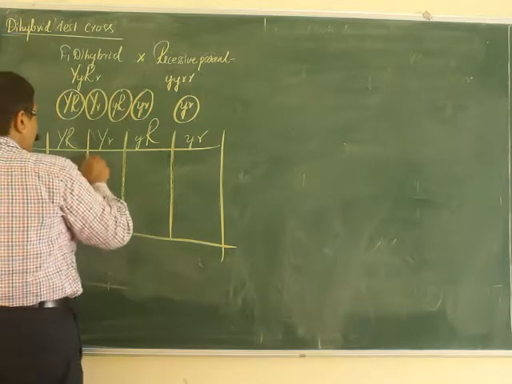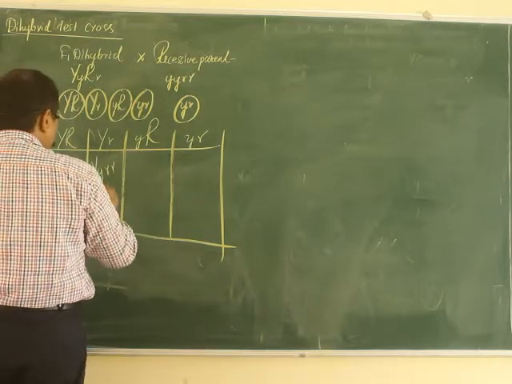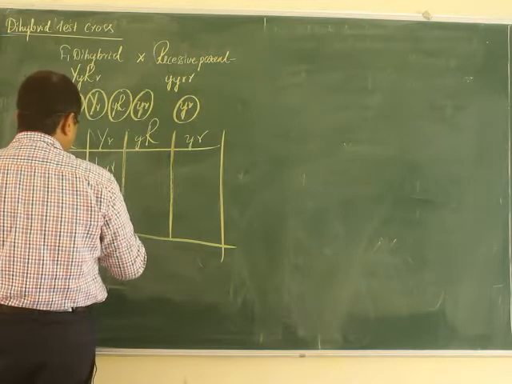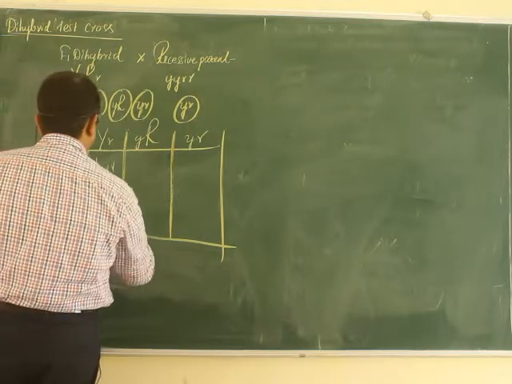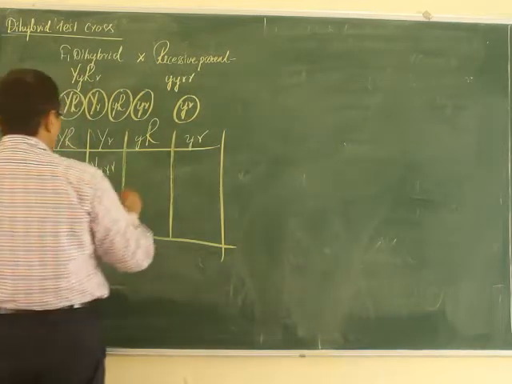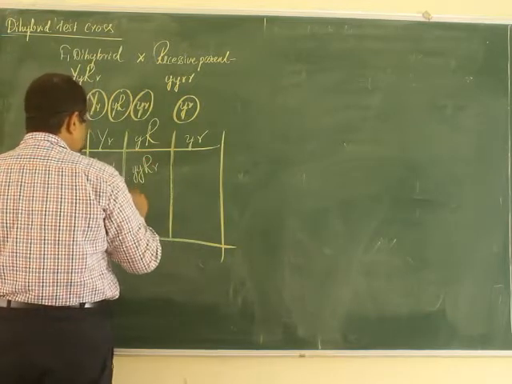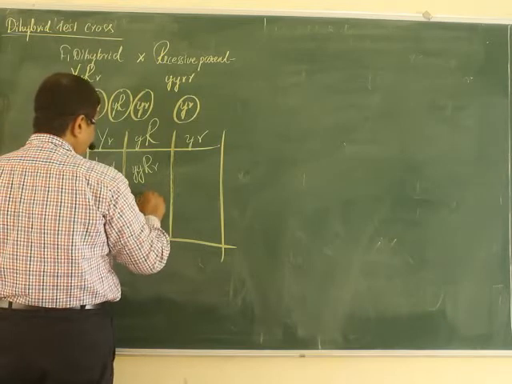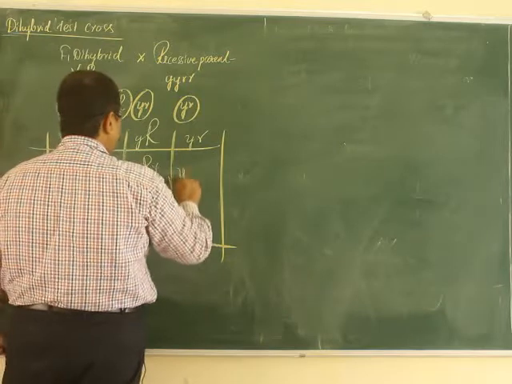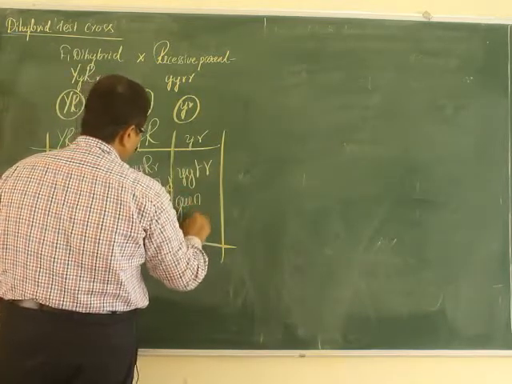And then capital Y, small r, yellow wrinkled, then small y, capital R, small r, this is a green round, and small y, small r, green wrinkled.